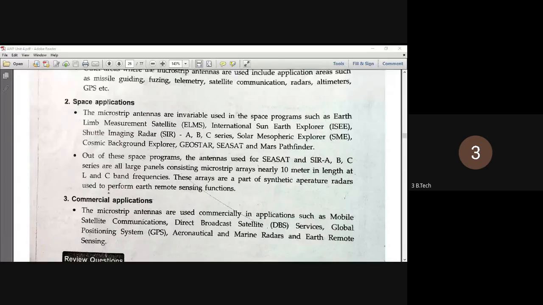I will be giving the 4th unit material, and this week I'll be giving a Google Classroom test on unit 4. Tomorrow I'll complete the microstrip patch antenna, the last part. Today I told what is the microstrip patch antenna, its shape, why we are using it.